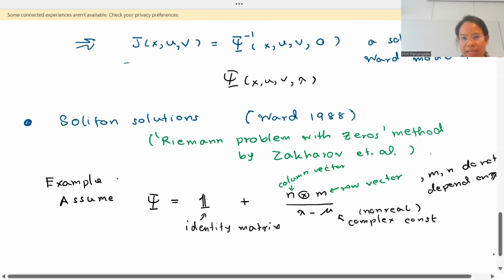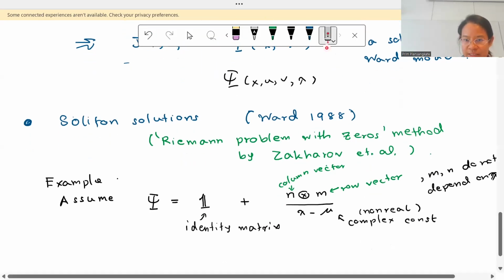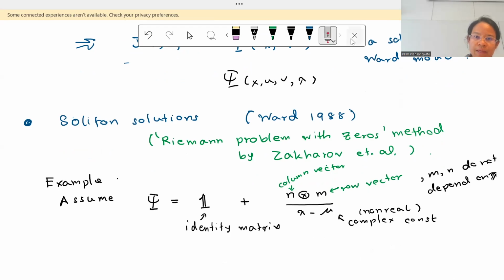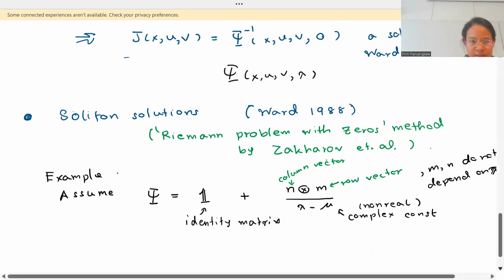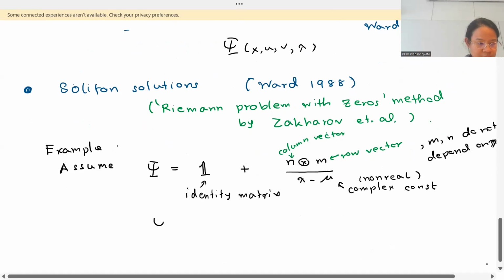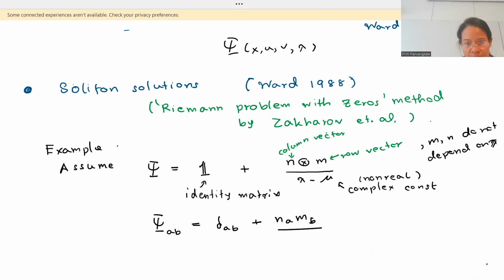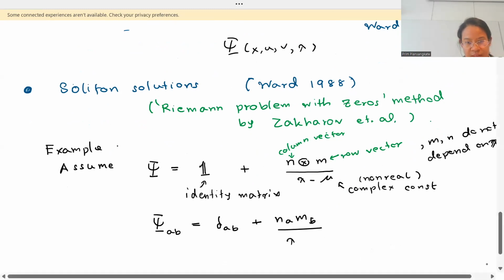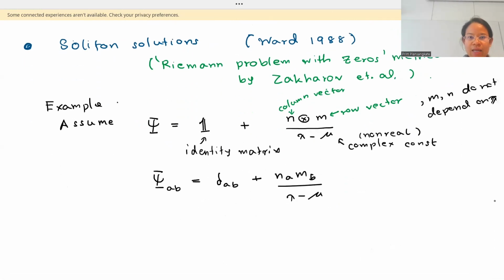So the only dependence on lambda is in this pole, the simple pole here. Okay, now in components, you write it in this way. This is in components of the matrix.